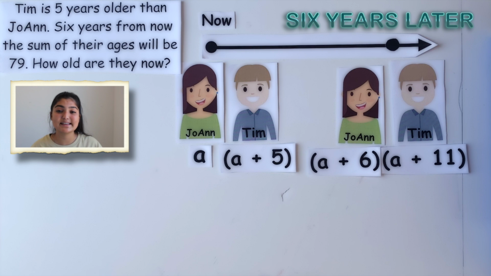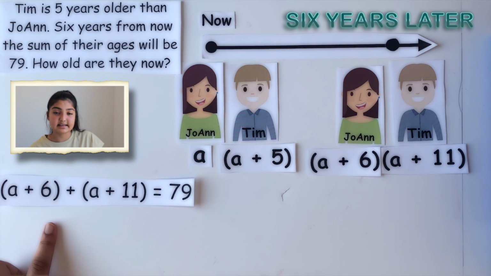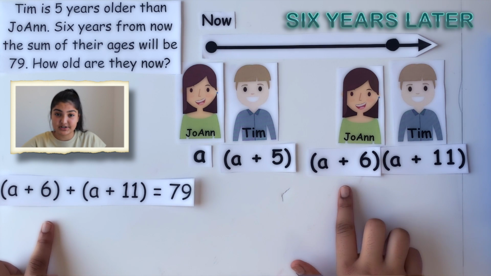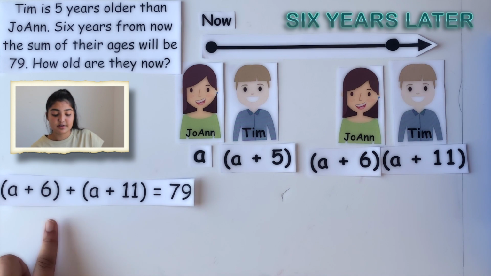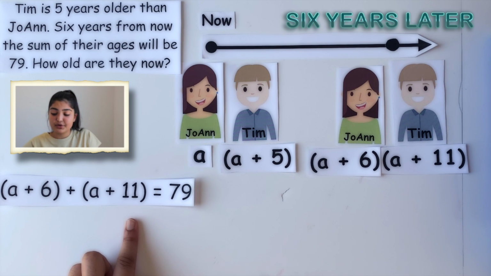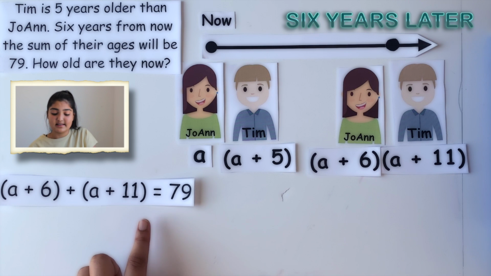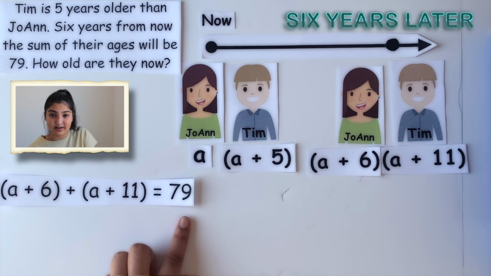So let's put this into an equation. A plus 6, which is JoAnn's age in 6 years, plus A plus 11, which is Tim's age in 6 years, is equal to 79.